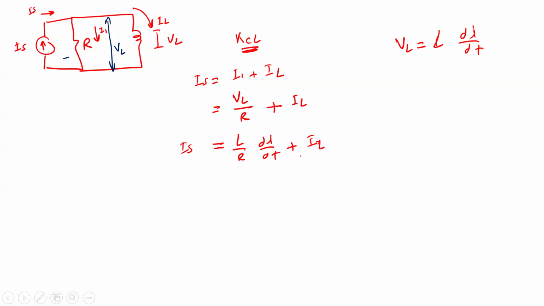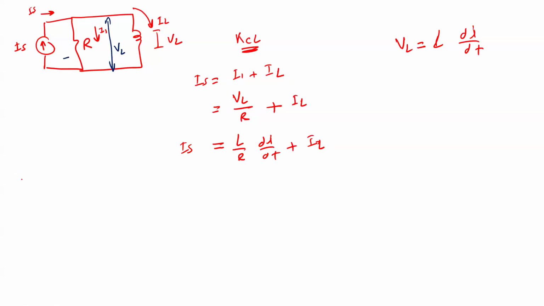Now I'm going to rearrange it into this format, it has to be in this format. If you do that, you have di/dt plus R divided by L times I equals R divided by L times IS.